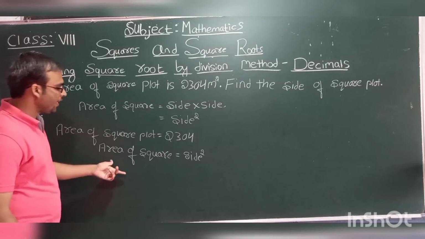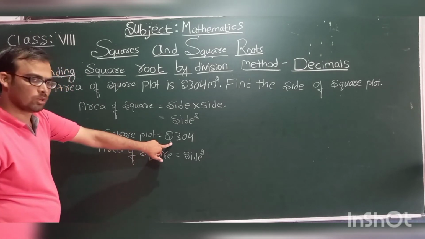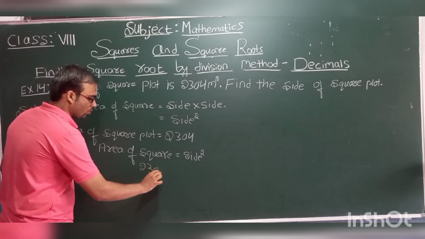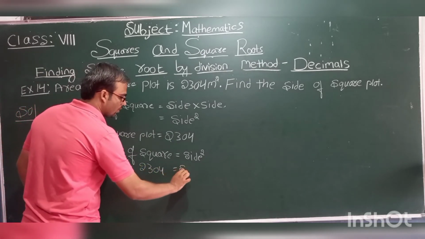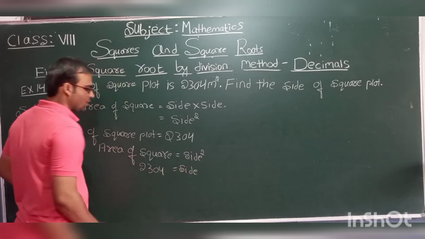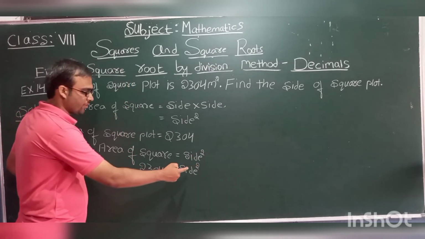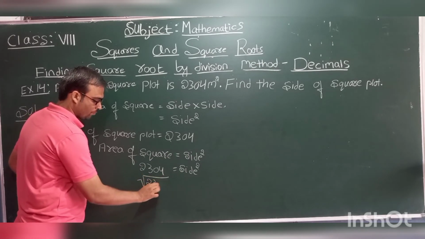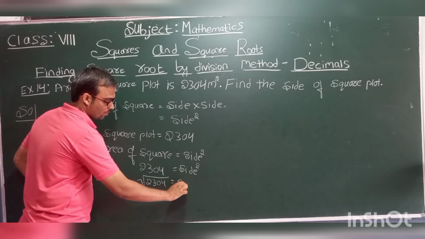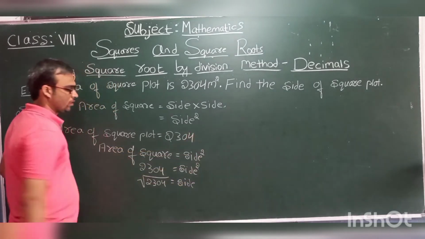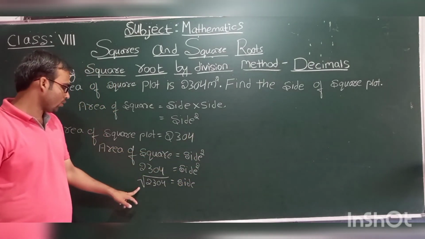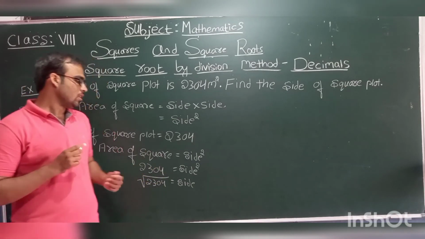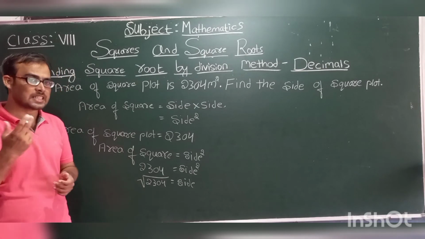Now the area of the square is 2304, so put this: 2304 is equal to side square. When you transpose the square, on this side you get the square root. So the square root of 2304 is equal to the side. When we find the square root of this number, we get the side of the square plot.